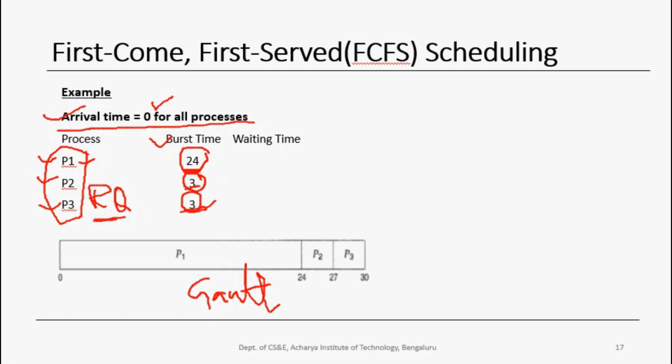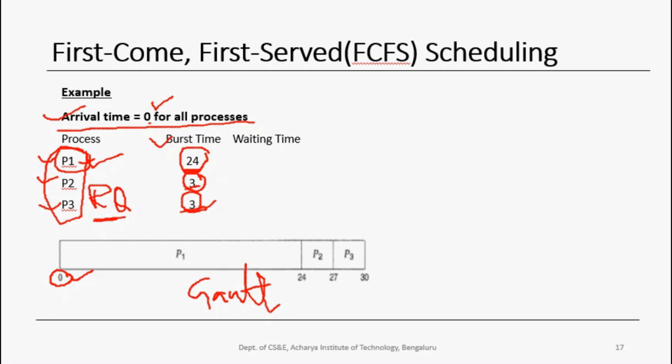So what is the FCFS scheduling algorithm? It selects the process in the order of its request for allotting the CPU. P1 is present at the front of the ready queue, so P1 is selected first to run on the CPU. The time it spends in the ready queue to get the CPU is equal to 0, because it arrived at 0 and is the first process making a request for the CPU.